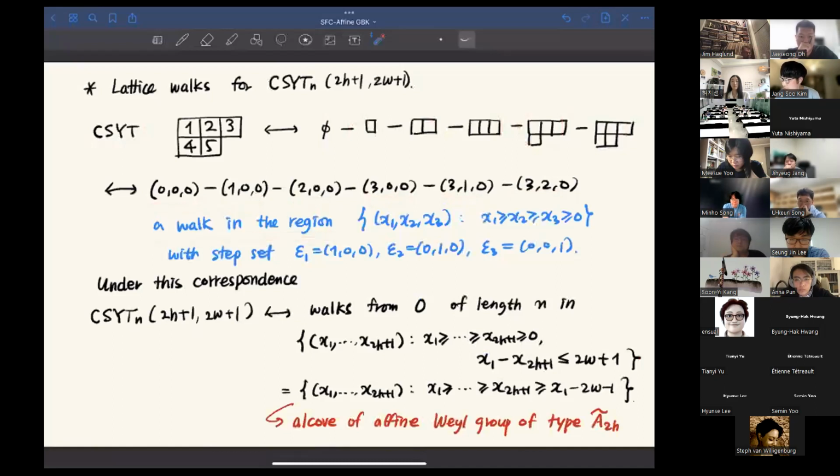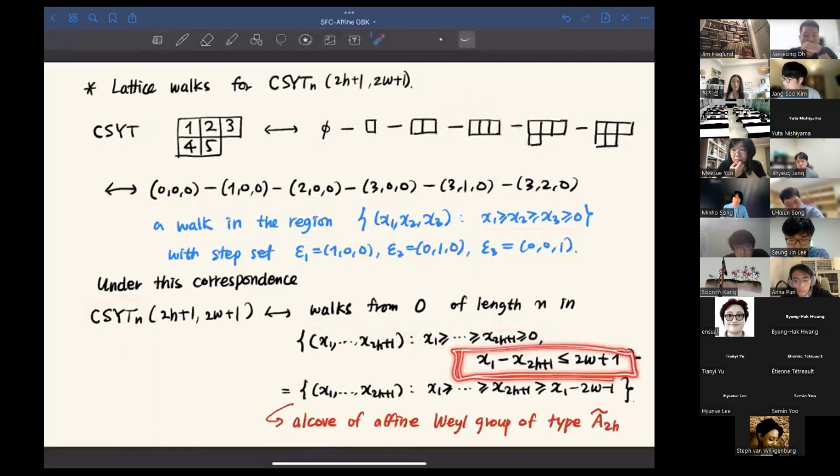Because it's a partition, it has to be weakly decreasing. So it has to be like this with 3 steps like this, because in each step, we add 1 cell in 1 row. Then under this correspondence, this cylindric standard Young tableau corresponds to walks in this region with an additional condition like this.